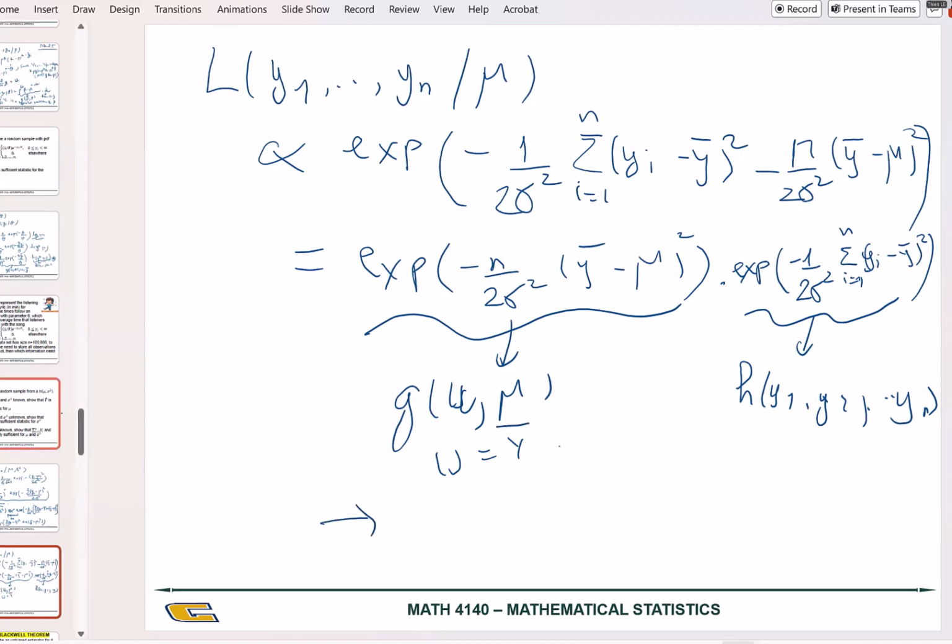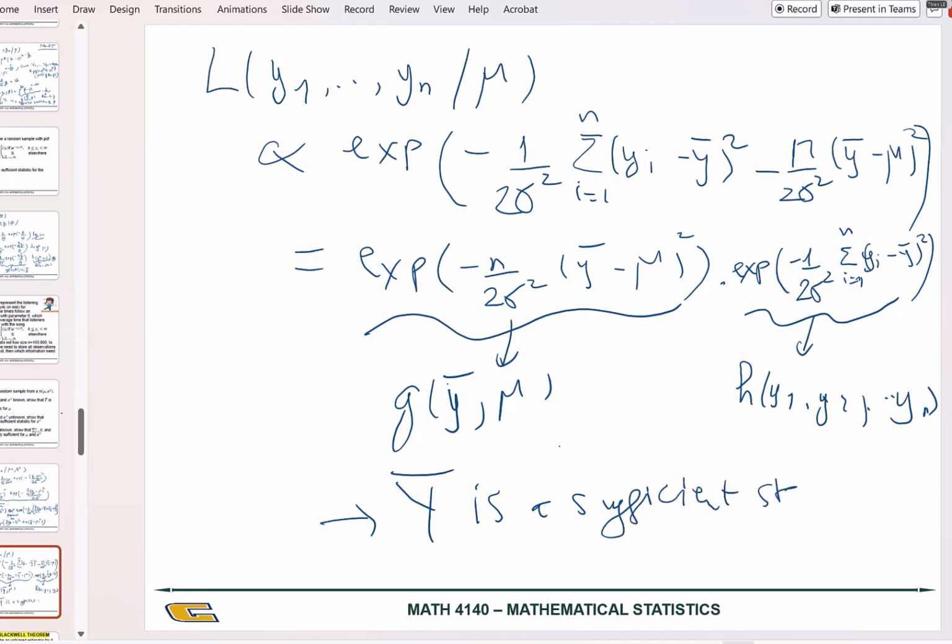So y bar is a sufficient statistic for mu.